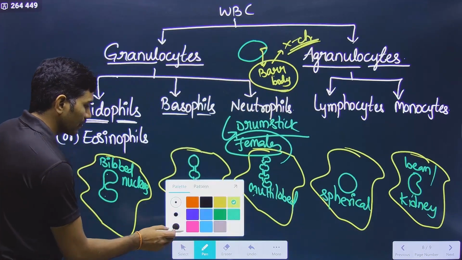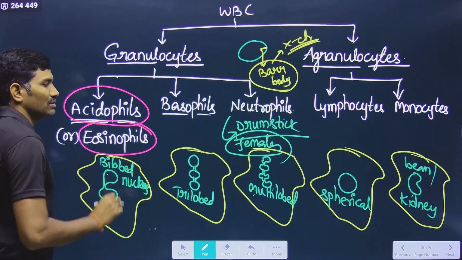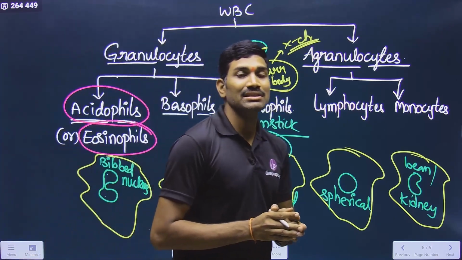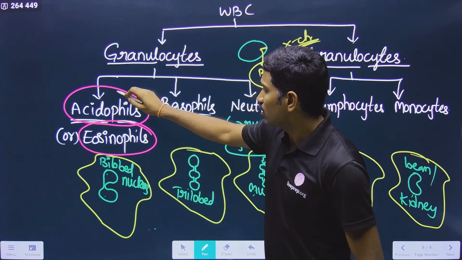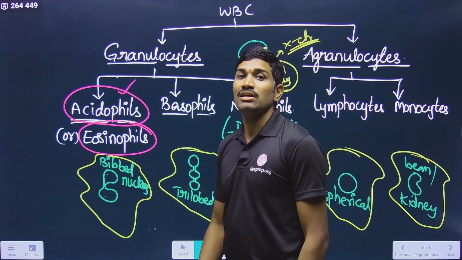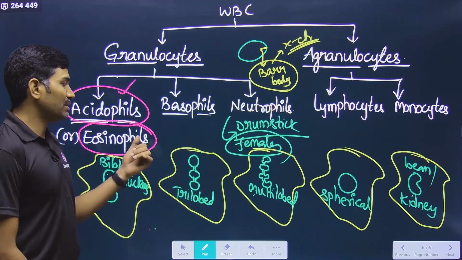Observe carefully. First we will see eosinophils or acidophils. Generally they are related with some allergic reactions. In some allergic reactions, the number of eosinophils will increase, so you can call this eosinophilia. Please remember this.